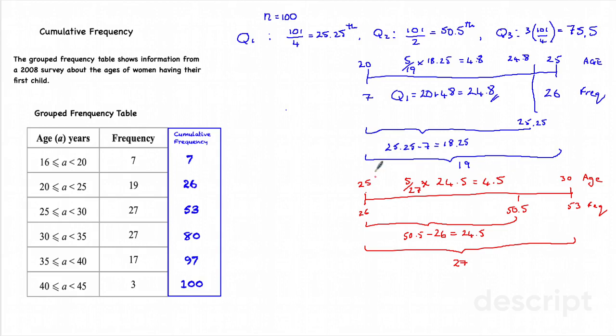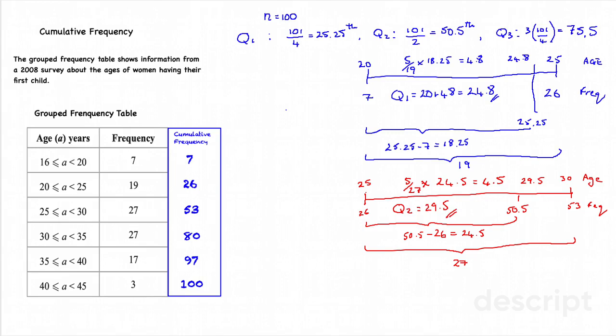Remember, I've gone along from 25, I add on the 4.5, that gives me 29.5. Q2 is 29.5 years. On my graph, I had 30. So we can see again, this is to 1 decimal place more accurate.